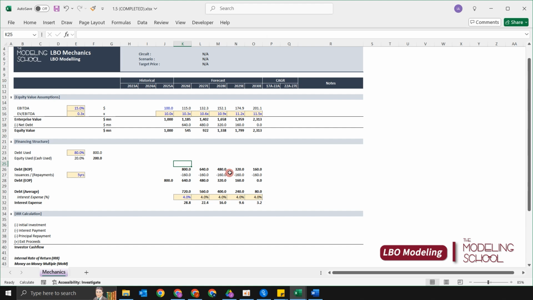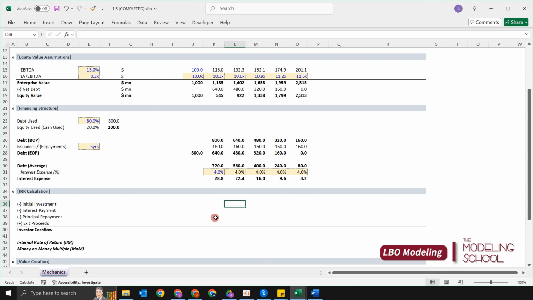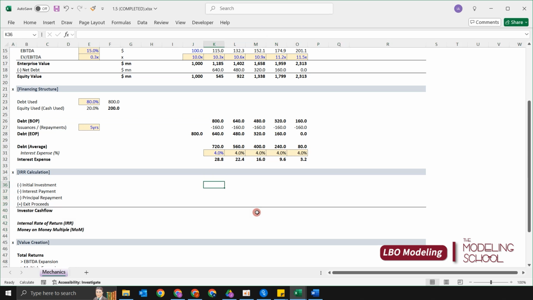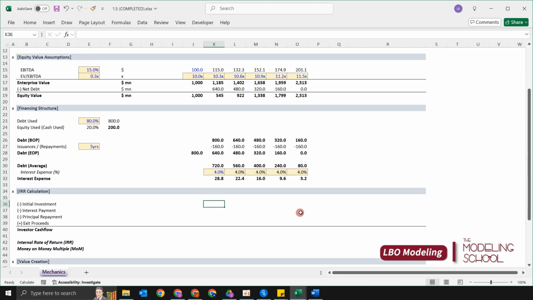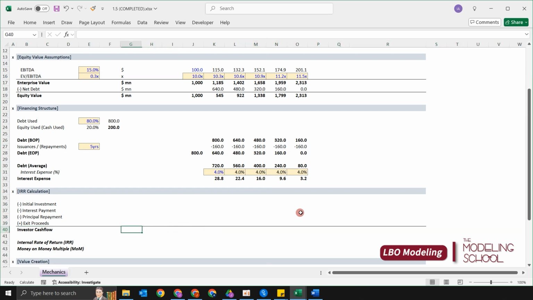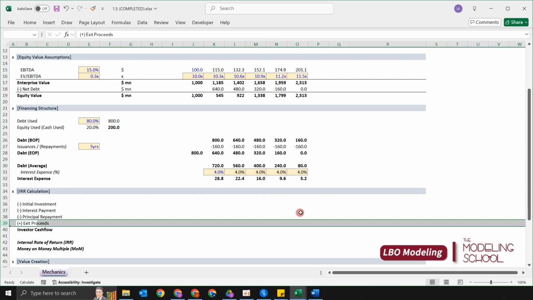So let's go over to the calculation of the IRR. This same frame is going to be used in our full-scale LBO model as well, so we might as well understand it right now. We're going to add up the investor cash flow: the initial investment, the interest payments, the principal repayments, and lastly the exit proceeds upon exit.